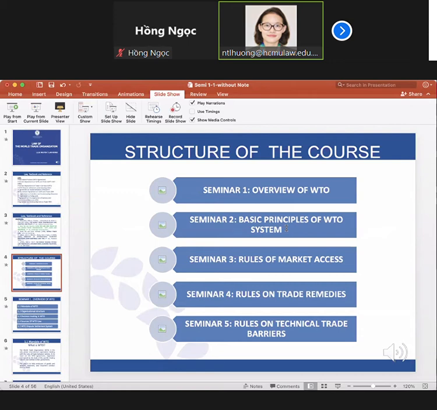Mainly, I will focus on the most favored nation treatment and also the national treatment. We're going to spend time talking about these kinds of obligations under the WTO system, and we will also go through different cases in order to get a deeper knowledge about the requirements and how they apply these obligations.